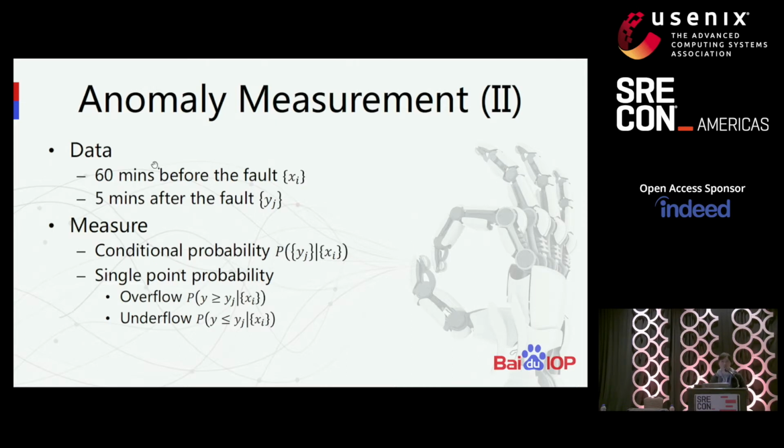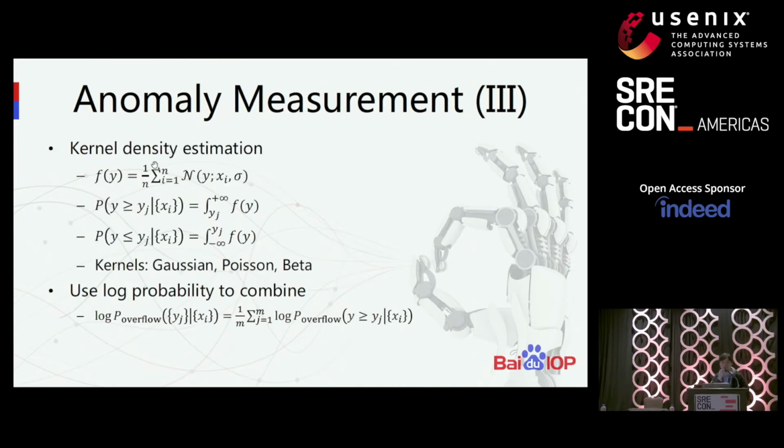So the problem becomes: how do we estimate the unknown probability distribution of the random variable y? We use kernel density estimation to estimate these probabilities. Kernel density estimation is a method to estimate the probability distribution of an unknown variable using a set of smaller known probability distributions. In its standard form, it uses the Gaussian distribution as its kernel.